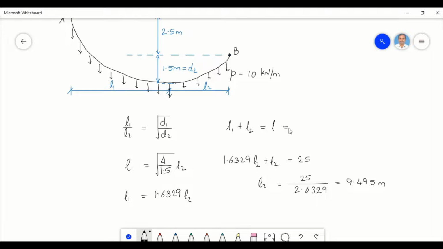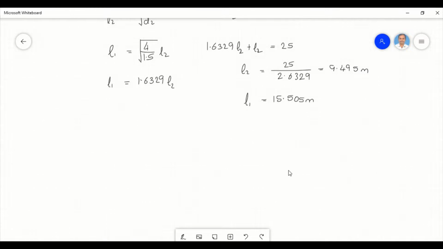I know the value of L, it is 25. I know the value of L2. Now I can find the value of L1. L1 is 25 minus 9.495. So it is going to be 15.505. The value of VA, the vertical reaction at A, is nothing but P into L1. Similarly, the value of reaction at B, VB, can be written as P into L2.